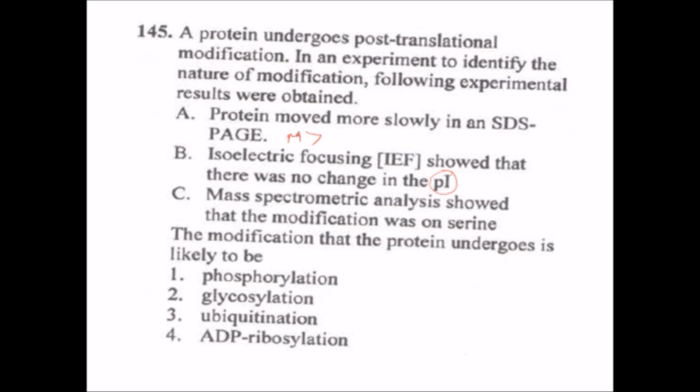So it means some additional group is added to the protein, because of which the molecular mass has increased, and this modification occurs on serine residues. We know that glycosylation occurs on serine residues, so the answer will be glycosylation. I have explained it in detail on my channel; the glycosylation topic is there. You can refer to that topic too for your CSIR or other GATE examinations.